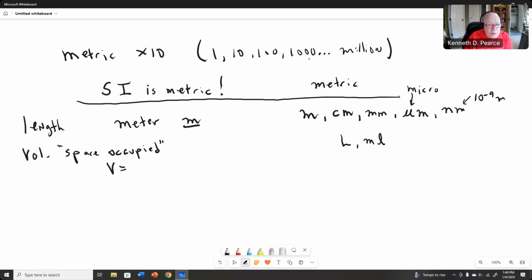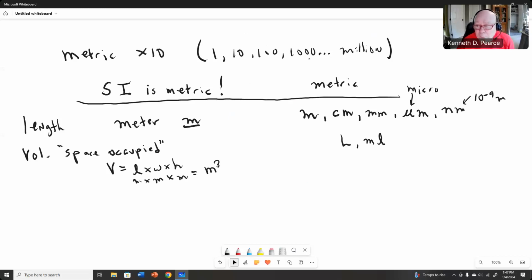Well, we say length times width times height. Now, if we substitute in meters times meters times meters, because that's the SI unit, what do we get? We get meters cubed. And so the SI unit for volume is actually meters cubed. And it has to be.